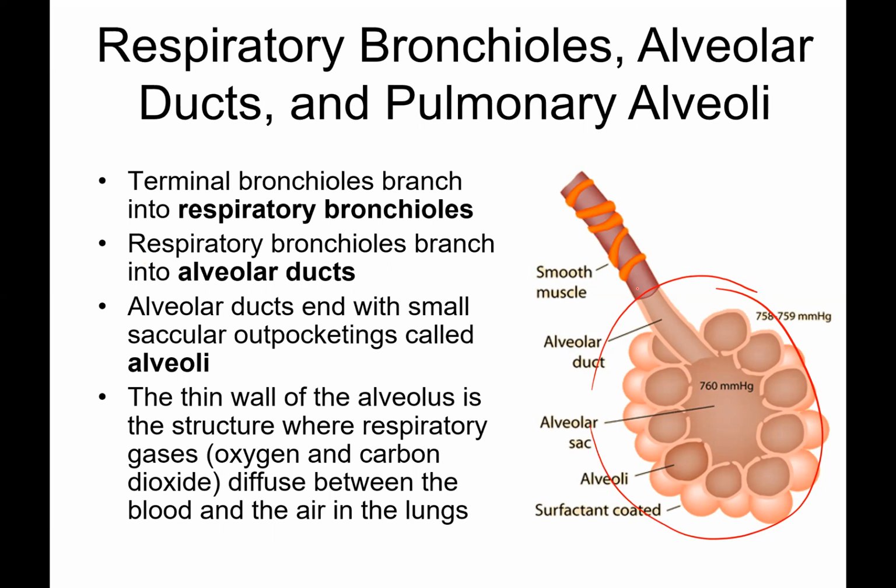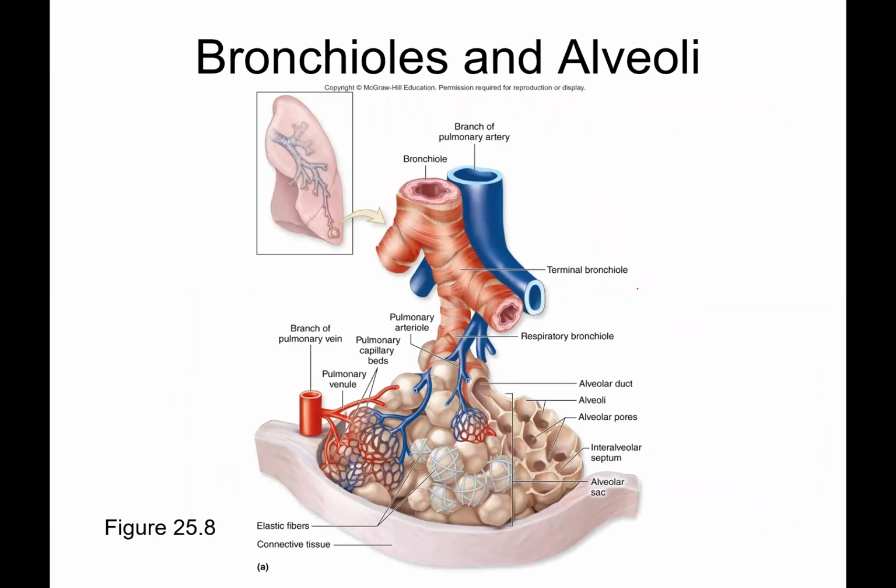You've got these blood vessels, the pulmonary capillaries, that surround each one of the alveoli. So there's an alveolar sac, another alveolar sac. All these are like grapes, right? And then inside, you open them up and you've got the alveolar ducts.